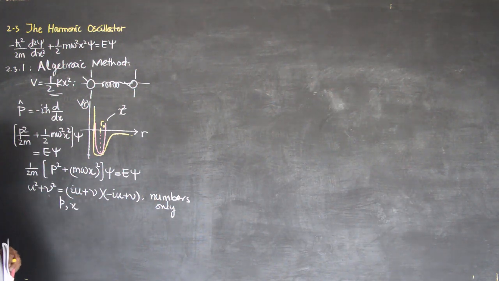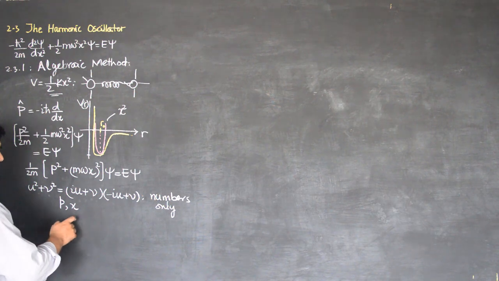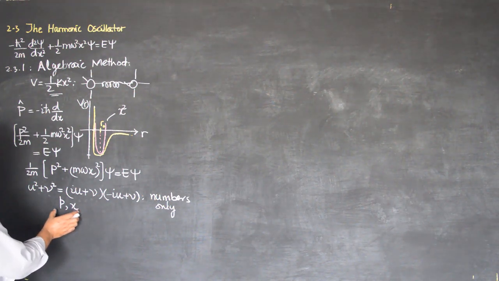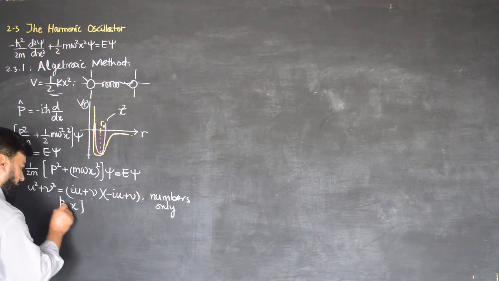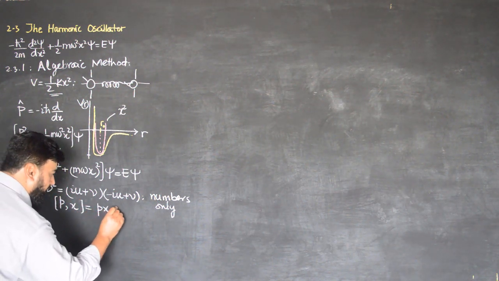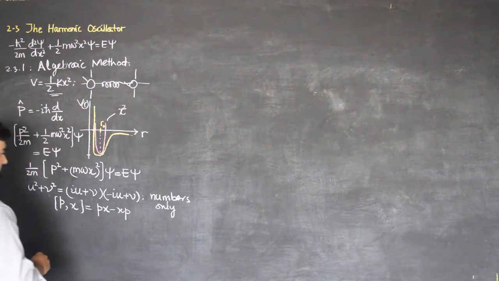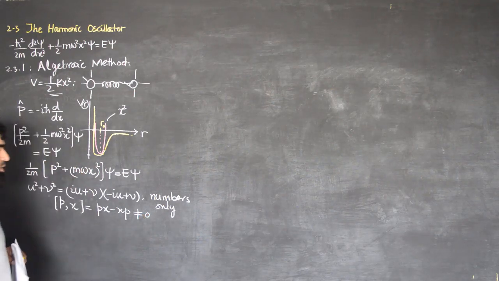So in the second edition, Griffiths has rectified this mistake and he has calculated for the operators as well, because if I find this commutation relation, then this is px minus xp, and this is not necessarily 0 for most of the operators.